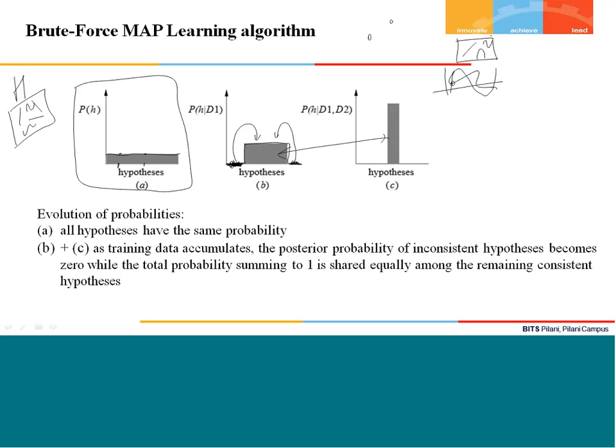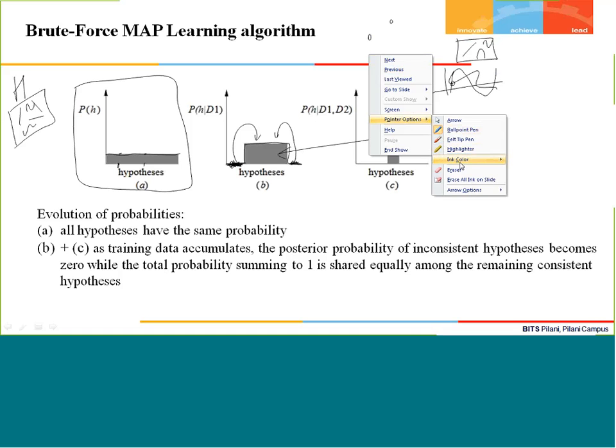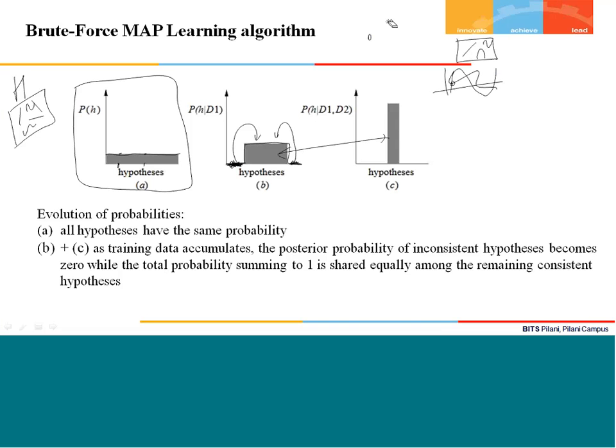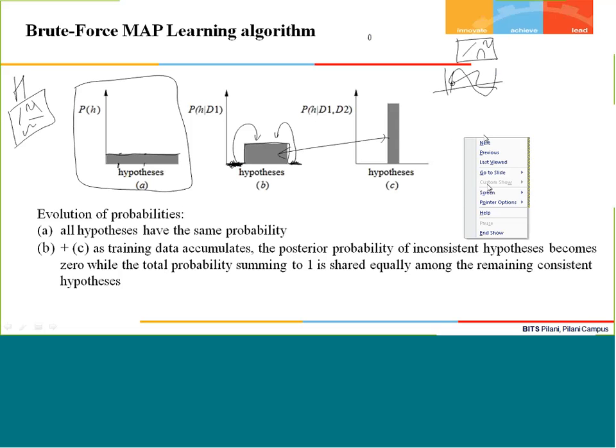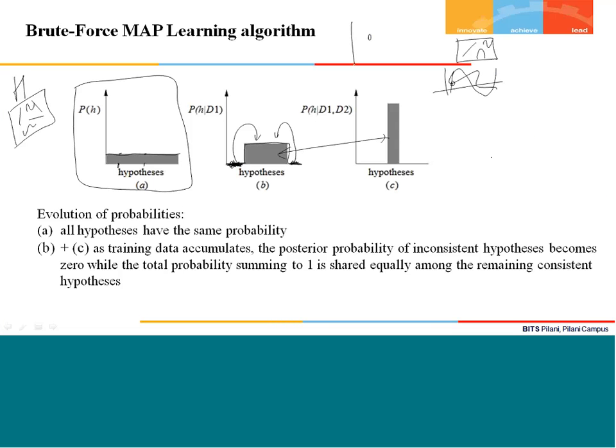Let's say there are only 3 hypotheses. Now you get only 1 point. When you get only 1 point, you can see all the hypotheses fit it. Even a line could go through this, even a quadratic function can go through this, even a cubic function can go through this. So all 3 are fitting to it.